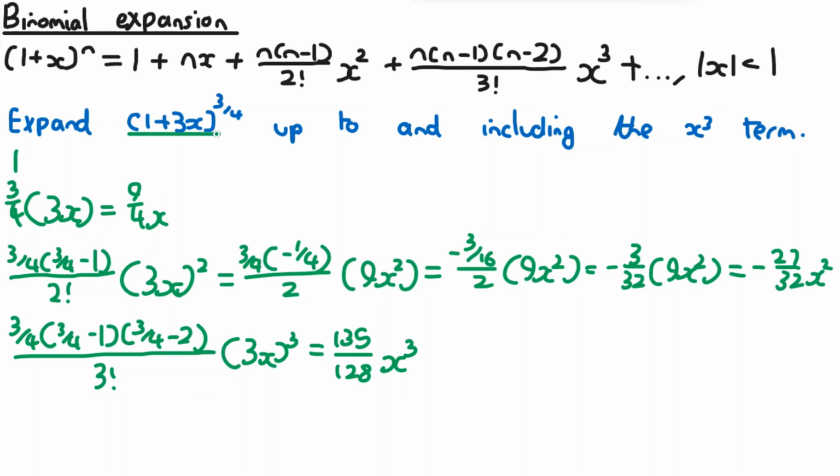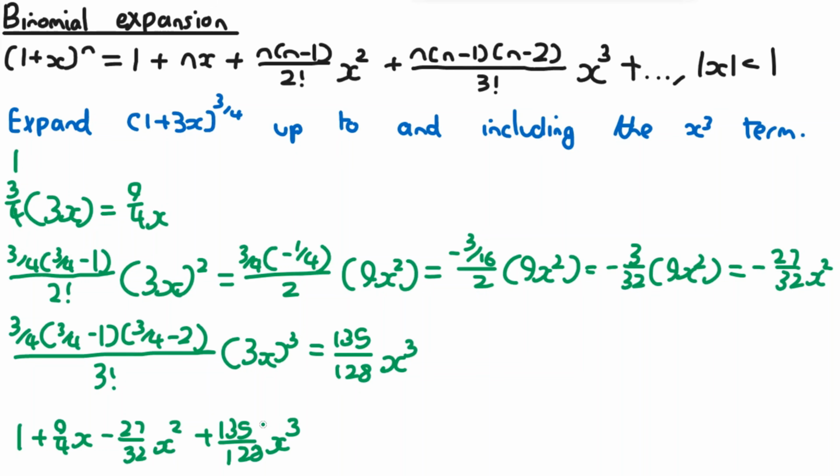So therefore this bracket, up to including the x to the power of 3 term, if you add these terms together, is going to be 1 plus 9 over 4 x minus 27 over 32 x squared plus 135 over 128 x to the power of 3.